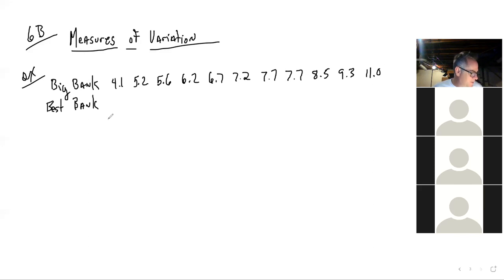Now, Best Bank, these 11 customers, shortest wait was 6.6. So that's more than the shortest, least time for Big Bank.